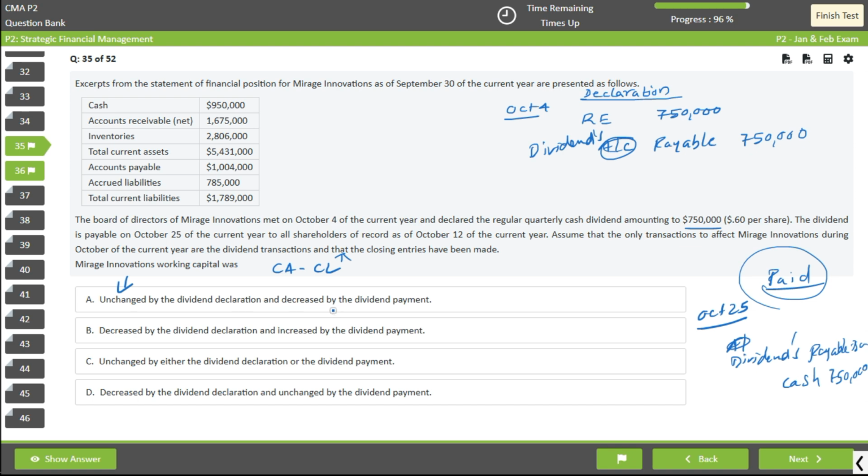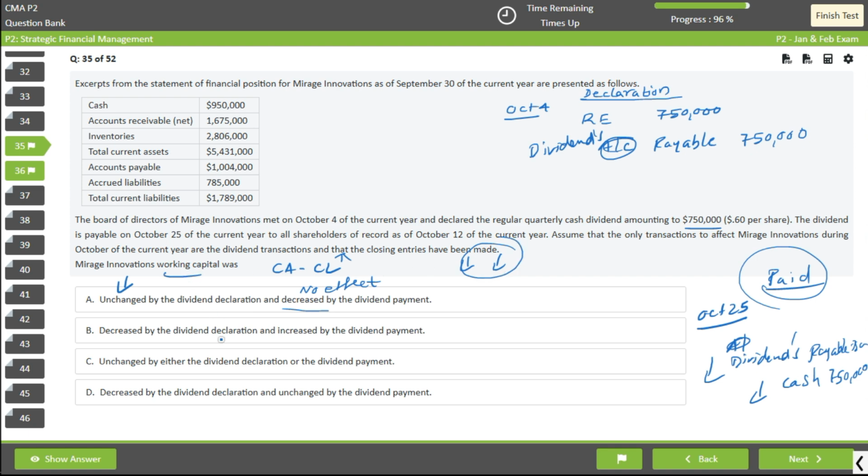By the dividend payment, there is no effect. Why is there no effect? Because cash is decreasing and dividends payable is decreasing. So current assets decrease and current liabilities decrease, so there is no effect on working capital.